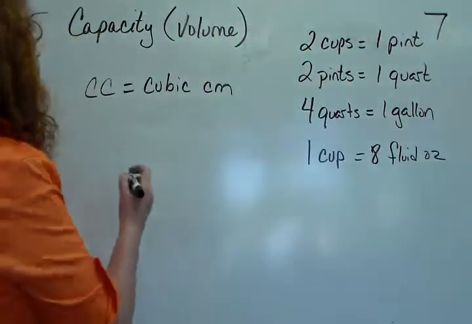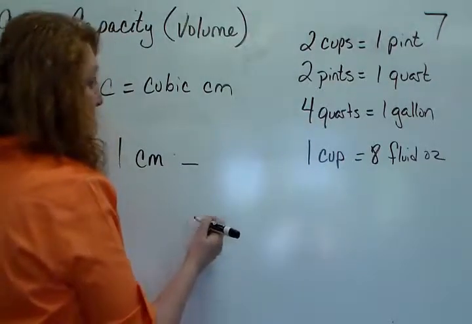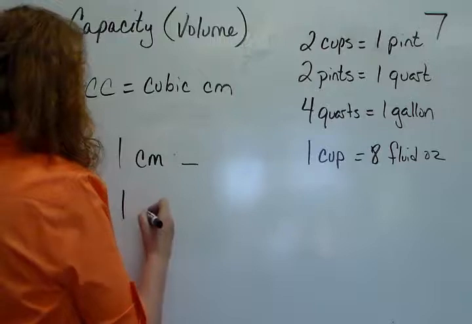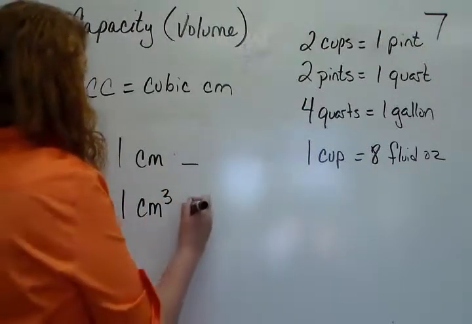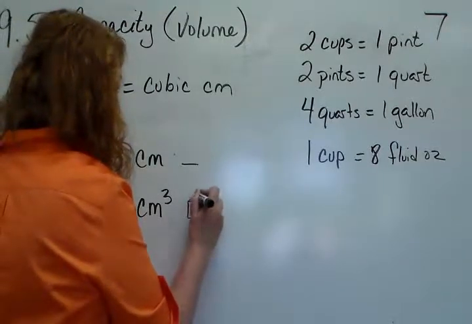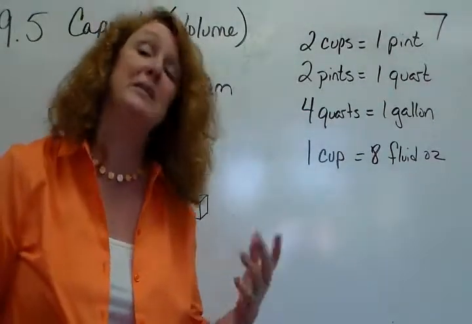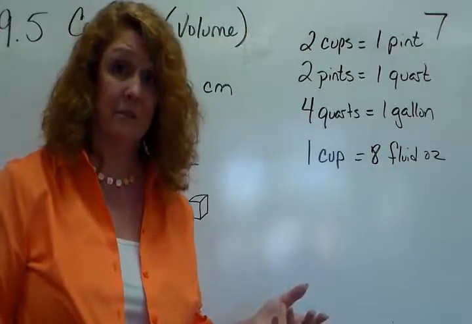We have 1 centimeter, which is about this long, and that's a unit of distance. And one cubic centimeter is where you have a little cube that is 1 centimeter on every side. That's a cubic centimeter. That's also a milliliter.